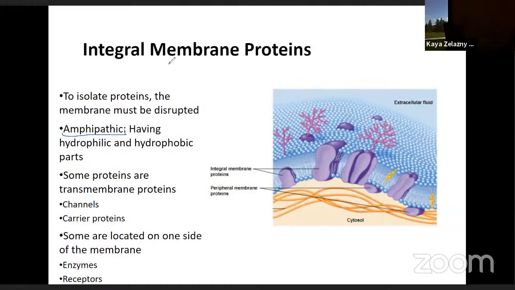So if we looked at this part of our protein, we'd expect that to be hydrophilic, just like the phosphate heads that are next to it. If we looked at this part of the protein, it's touching those fatty acid tails, so we'd expect it to be nonpolar and hydrophobic. And then this part would be polar again.